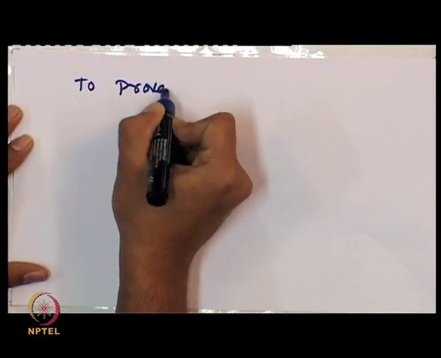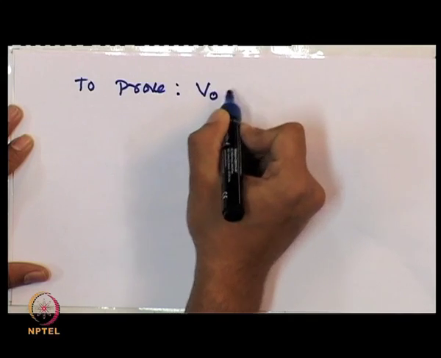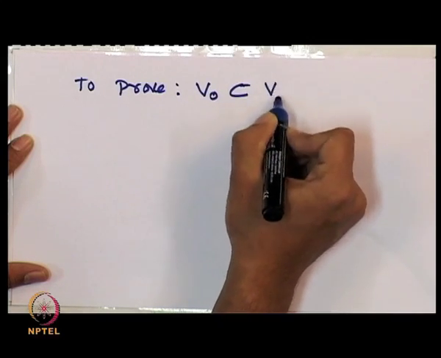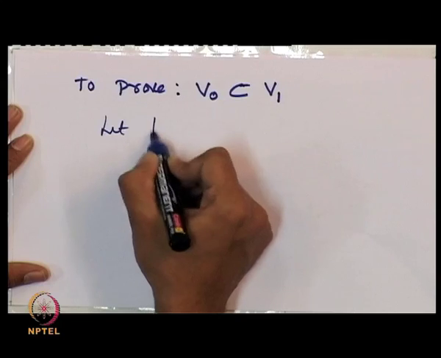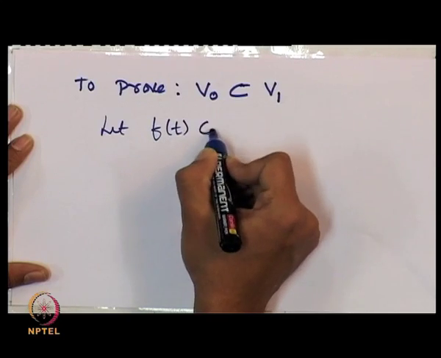Here we will prove analytically that V0 is a subspace of V1. Let us take any function f(t) that belongs to V0.